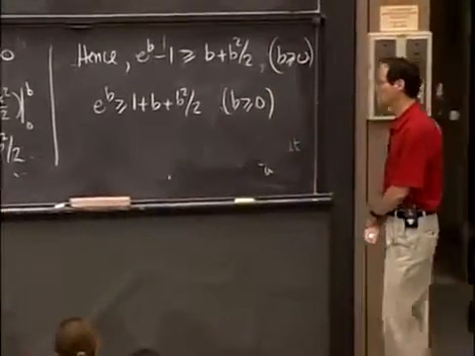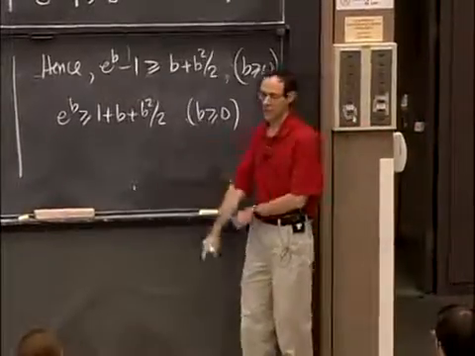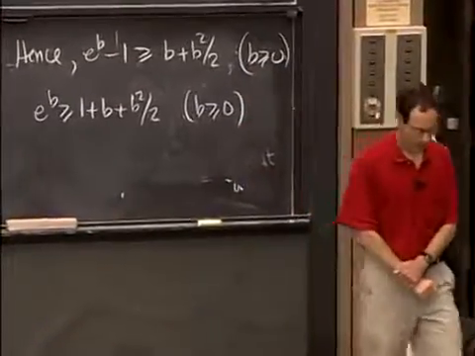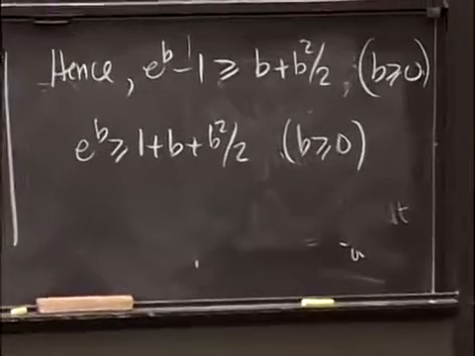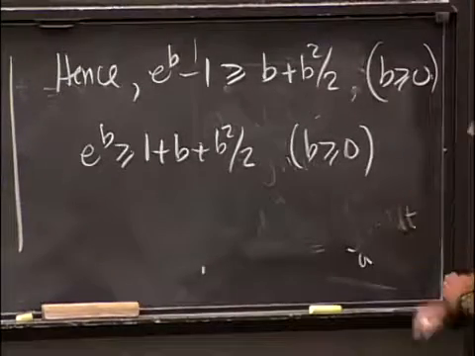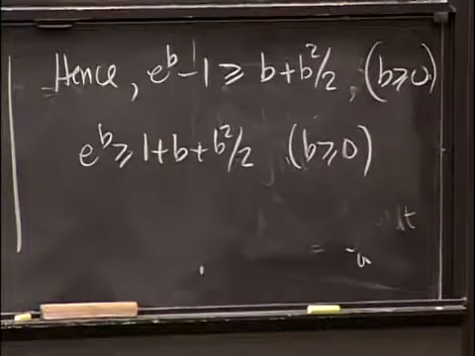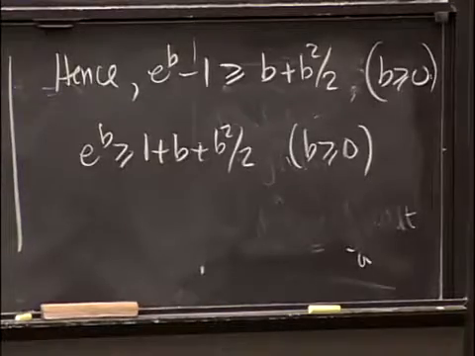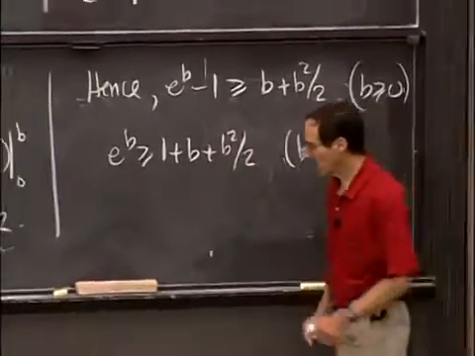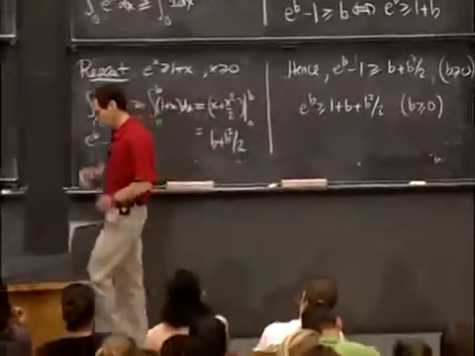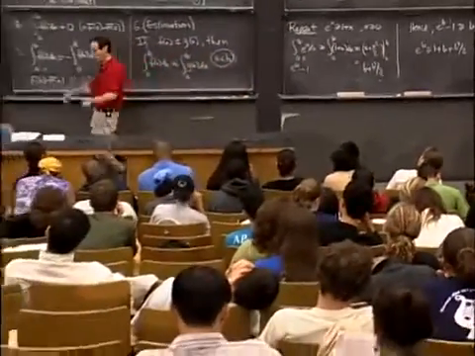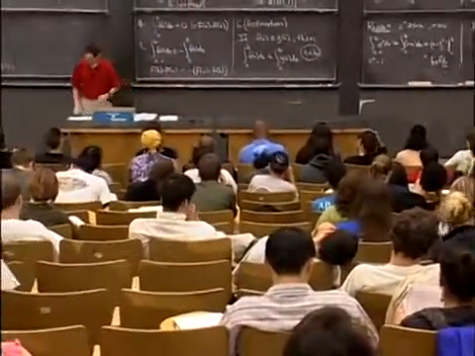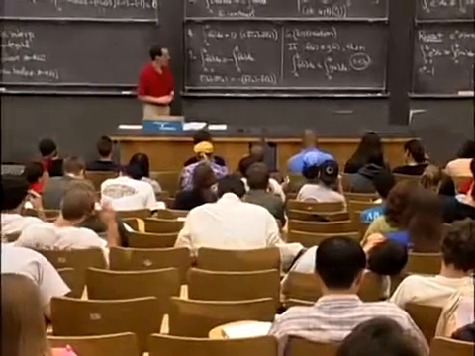This one actually is false for b negative, so that's something that you have to be careful with, the b positives here. All right, so you can keep on going with this, and you didn't have to think, and you'll produce a very interesting polynomial, which is a good approximation to e to the b.